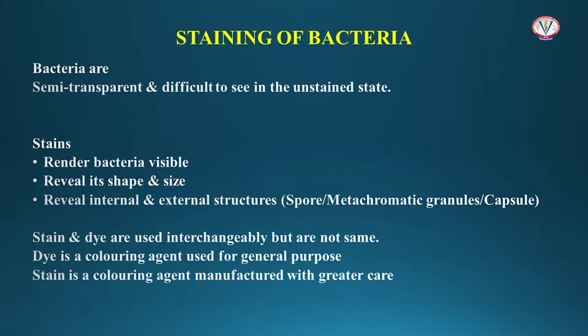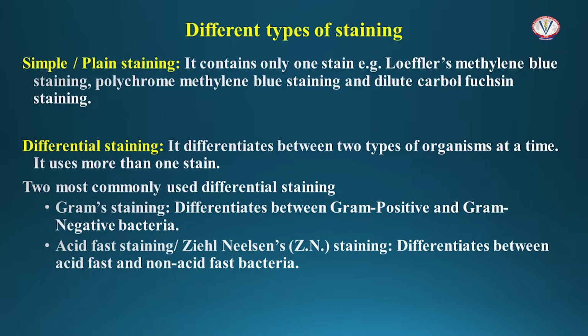Stain and dye both are used interchangeably, but both are not the same. Dye word is used more in a commercial sense. In bacteriological staining, the word stain is more appropriate. So there are different types of stainings used.